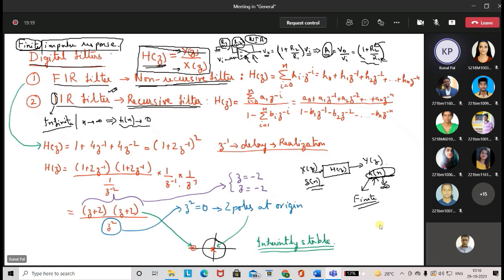So we have to choose the R1 and R2 values very carefully. Similarly, designing IIR filters takes much more careful design criteria so that the IIR filters do not become unstable in nature. Unstable means it is giving a very high value.